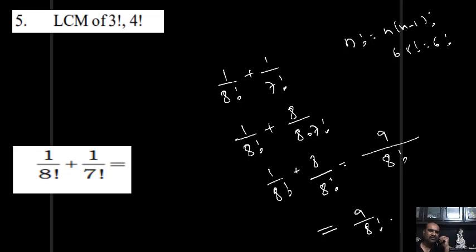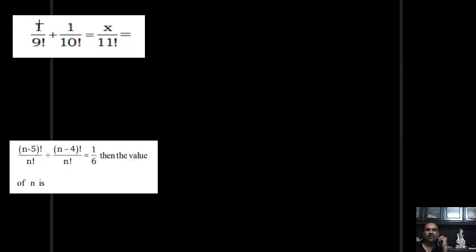Okay. So next problem: 1/9! + 1/10! = x/11!. Find the x value. Interesting.